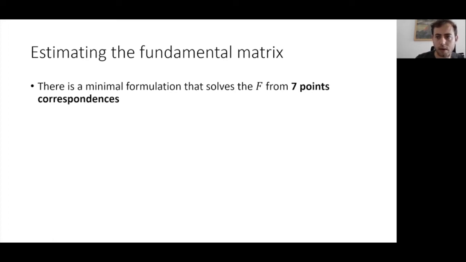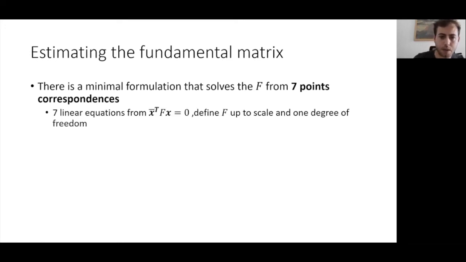Okay, so as I mentioned before, there is a minimal formulation that uses just 7 point correspondences. So basically, we have 7 linear equations from this constraint of x' transpose F x equals 0. So this defines F up to 1 degree of freedom, because we can just choose an arbitrary scale.